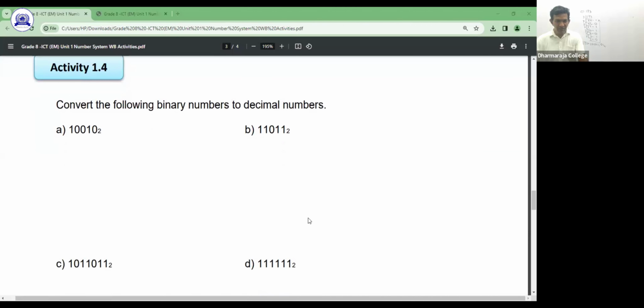So we have to convert this one. Convert the following numbers to decimal numbers. So how do you convert that one?